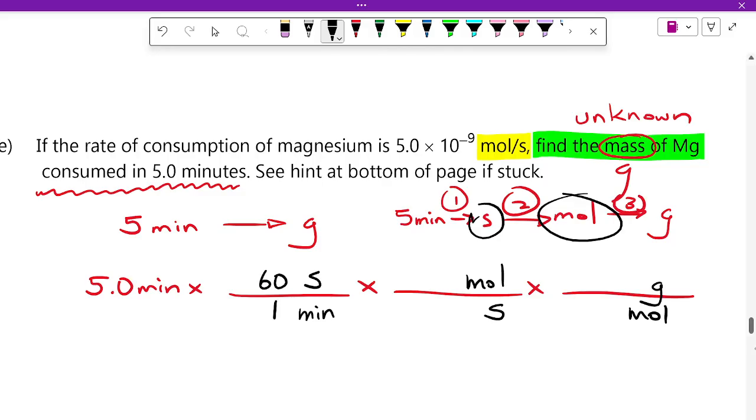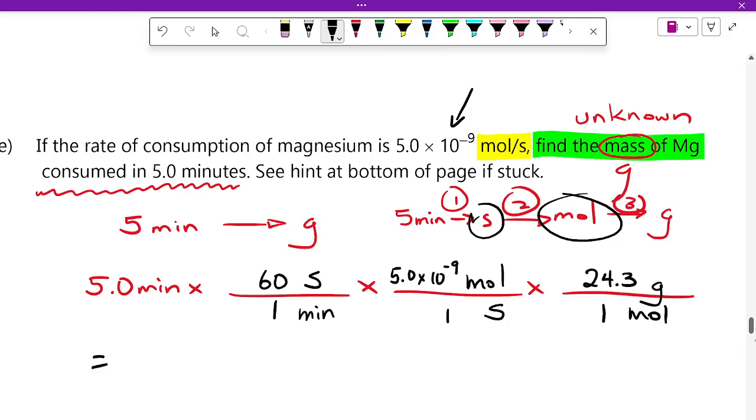We know a conversion factor between seconds and minutes, that's 60 seconds per 1 minute. We know a conversion factor between seconds and moles because we are given it in the question. That is 5.0 times 10 to the negative 9 moles per 1 second. And the molar mass of magnesium is 24.3 grams per mole.